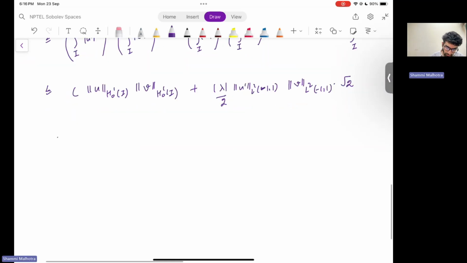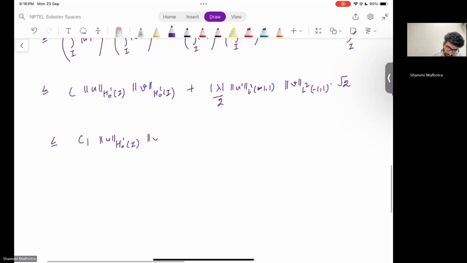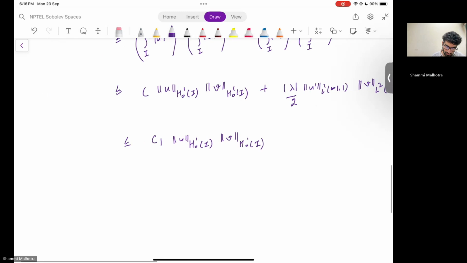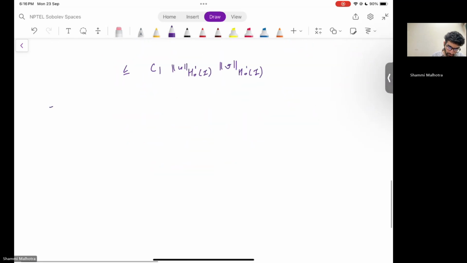Eventually that again is the same application of Poincaré. We have another constant C1 times the norm of v. So this gives the continuity of the bilinear form.